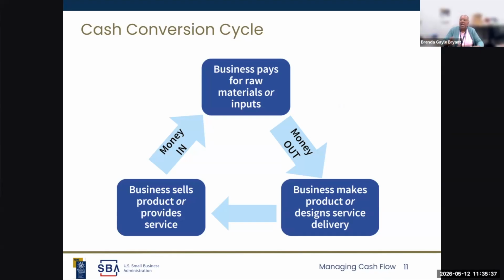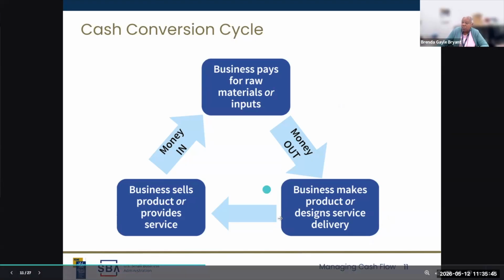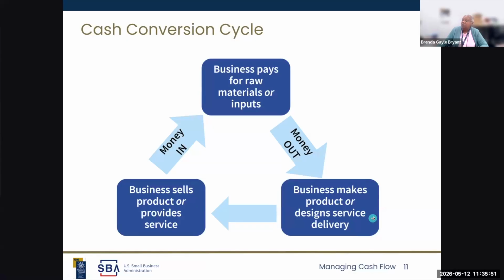I have to pay for all of that, so my money is going out so that I can buy that stuff, so that I can sell that stuff.